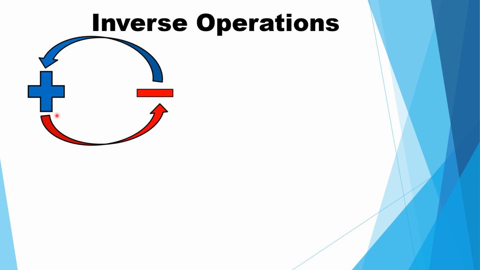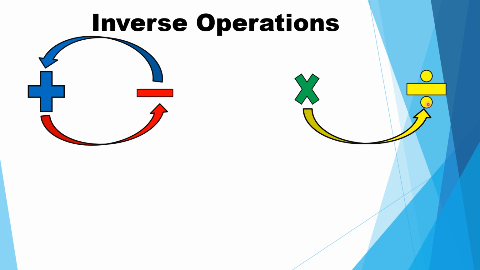So addition and subtraction are inverse operations. Likewise, you can undo multiplication by doing division, and you can undo division by doing multiplication. So multiplication and division are inverse operations.